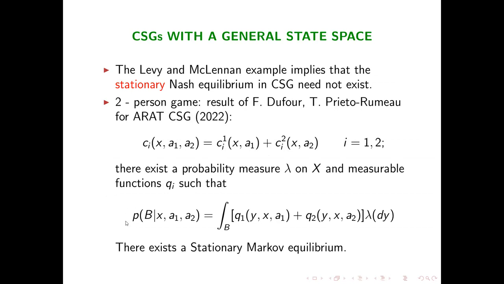And also the transition probability has such an additive structure. So P can be expressed in the following way with Q1 and Q2, two measurable functions. Assuming these two conditions, they proved the existence of a stationary Markov equilibrium.